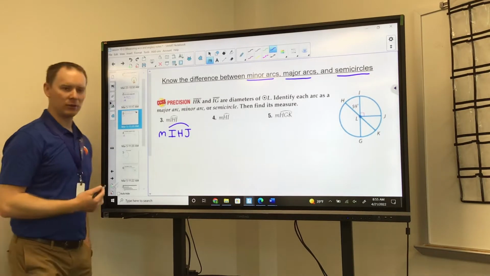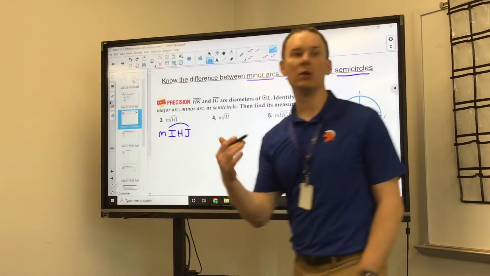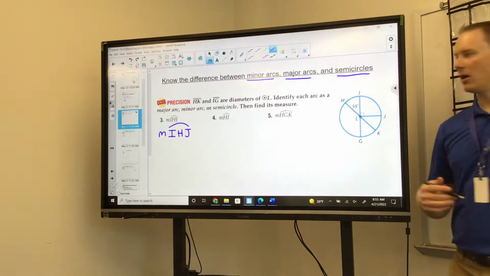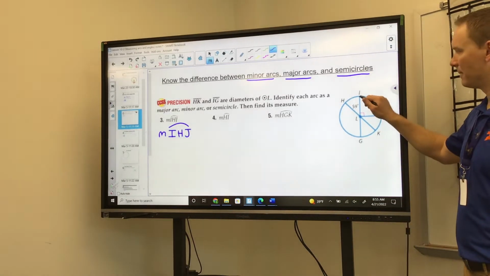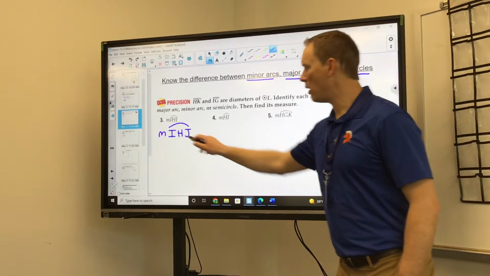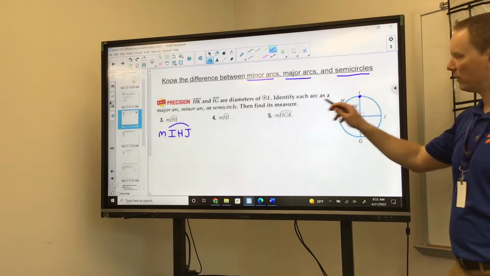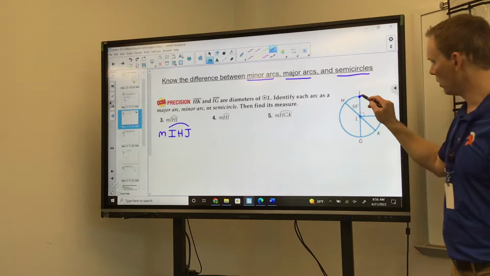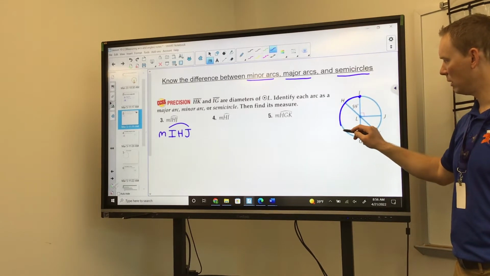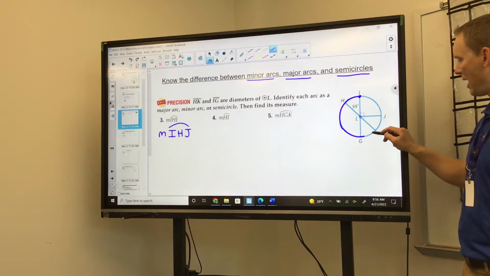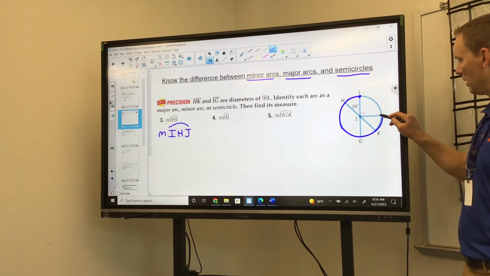When there are 3 letters, you have to follow those letters in order to identify the arc you're talking about. So you start at point I, and then you follow along the circle towards the direction of point H. So we're going towards H like this, and we just continue around the circle until we get to the last point here of J.